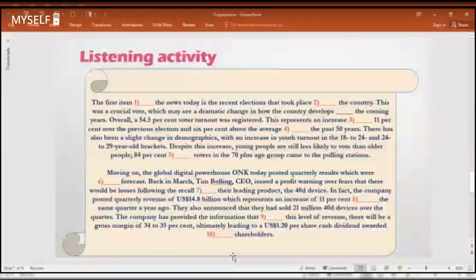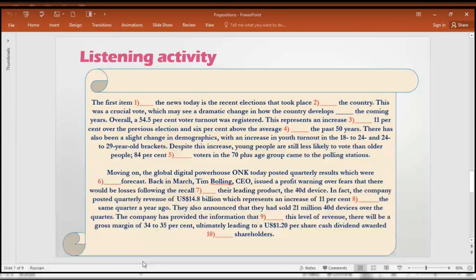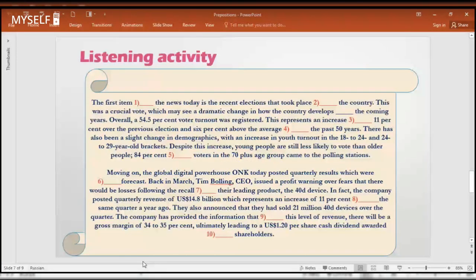The first item in the news today is the recent elections that took place across the country. This was a crucial vote which may see a dramatic change in how the country develops over the coming years. Overall, a 54.5% voter turnout was registered. This represents an increase of 11% over the previous election and 6% above the average for the past 50 years.